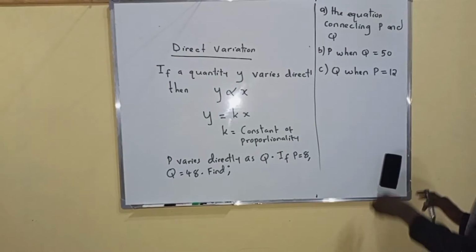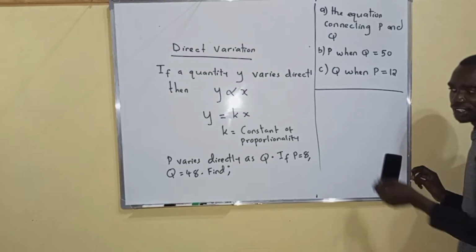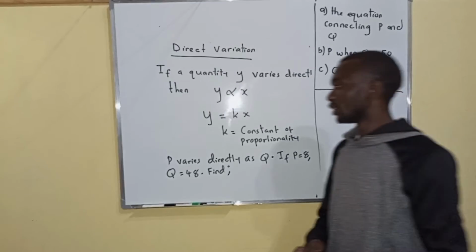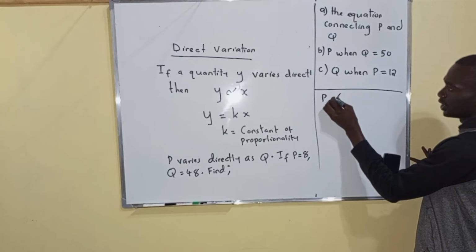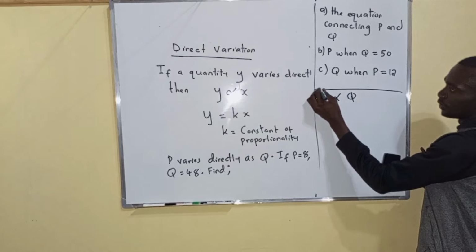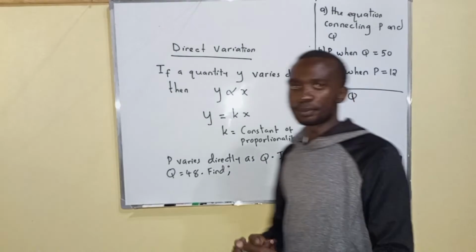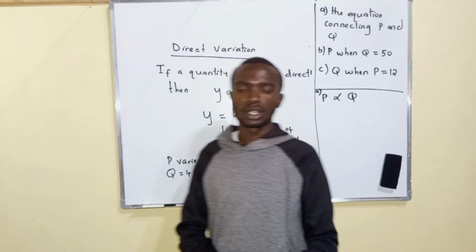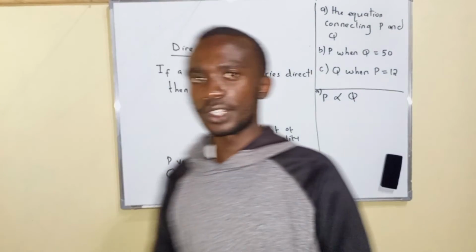Now, P varies directly as Q. That is the direct variation. That one is now part A of the question. So introducing an equal sign, because P is varying directly as Q, we want to bring in the constant of proportionality.